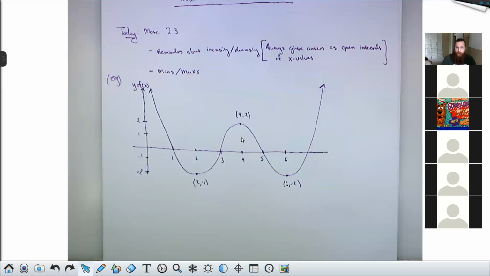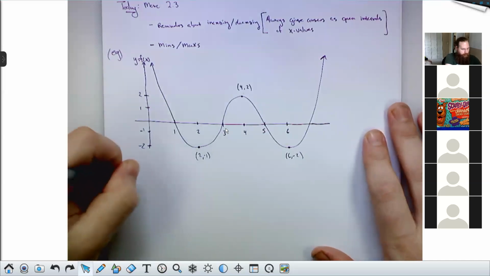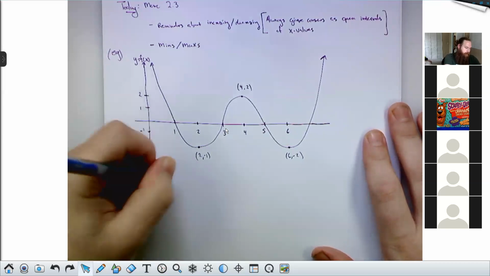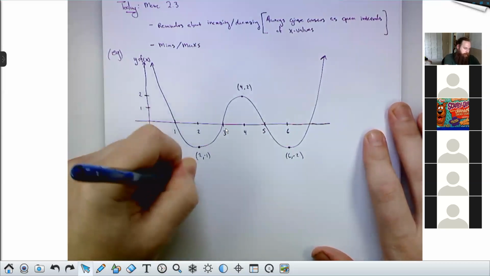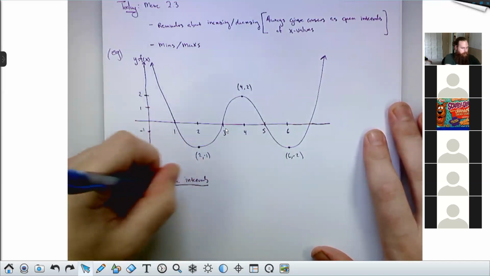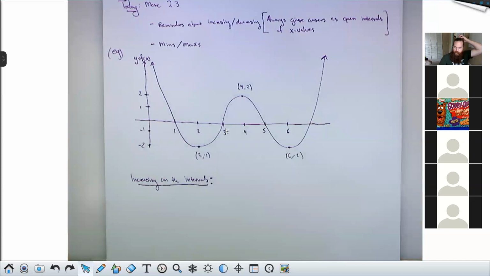I think probably everybody could do what I just did, where you circle the part that's decreasing or circle the part that's increasing. On what interval is this increasing? This is increasing on the intervals what? Or where is this function increasing? Who could help me out with that?